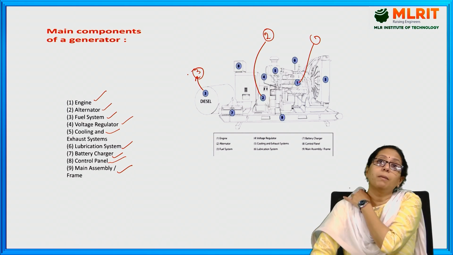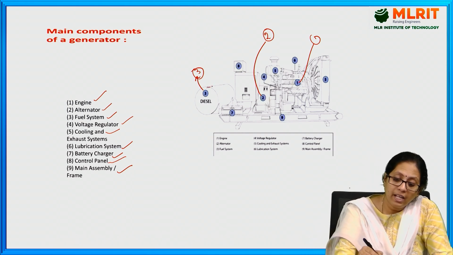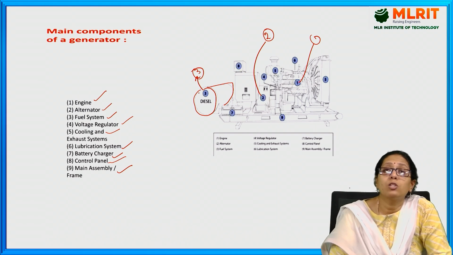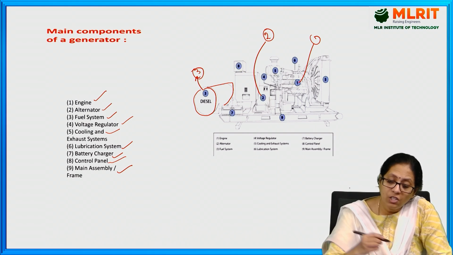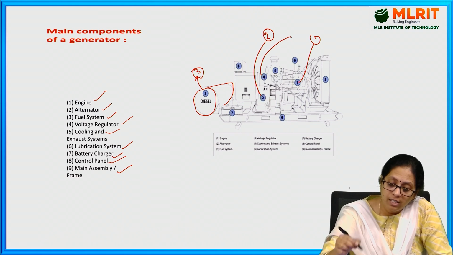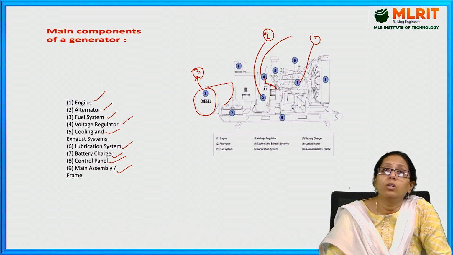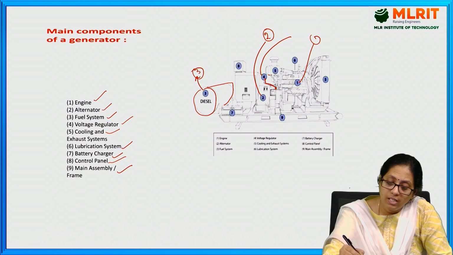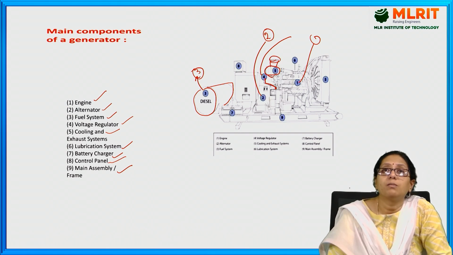This is the fuel tank, which you can see here. This fuel tank will store the diesel. The fourth one is the voltage regulator. The fifth one is the cooling and exhaust system.